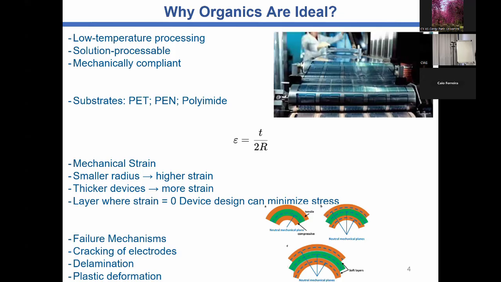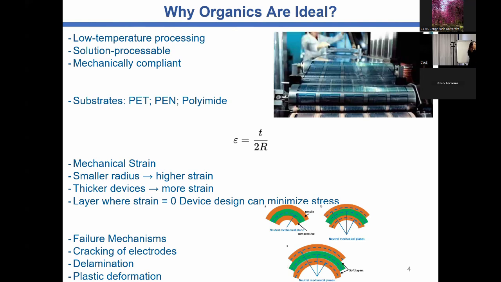Organics can be applied because the processing is low temperature and solution processable, and also because of the mechanical flexibility. We can apply organic materials and hybrids on substrates like PET, PEN, and polyimide.